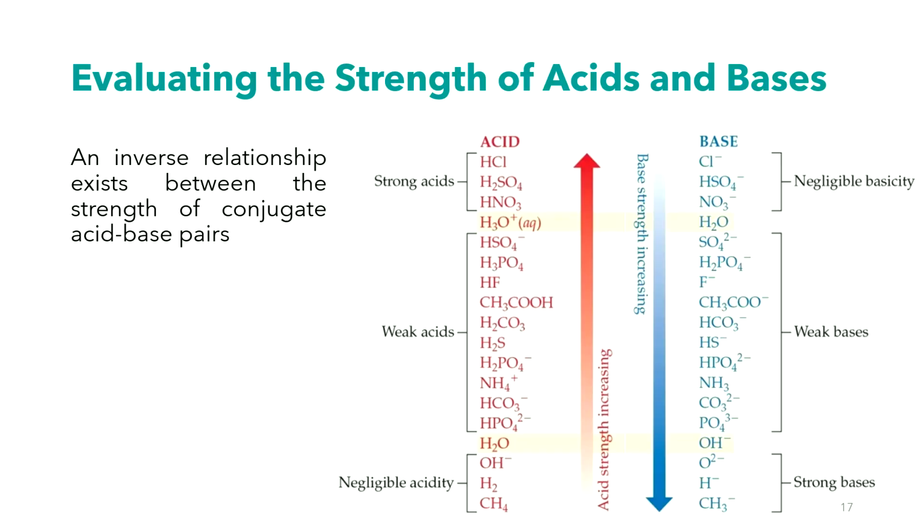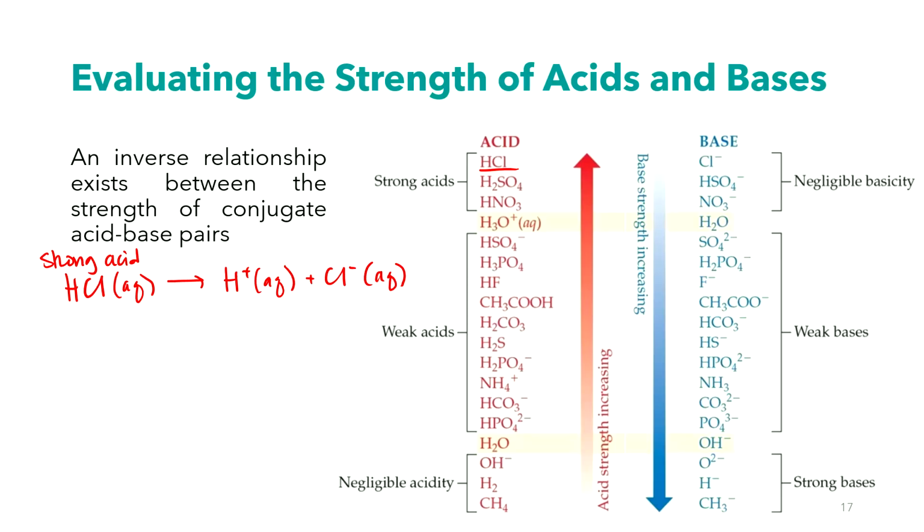If we look at, let's consider HCl first. We put HCl in water, 100% becomes H plus and Cl minus. This is a strong acid, meaning it really wants to give away its proton.